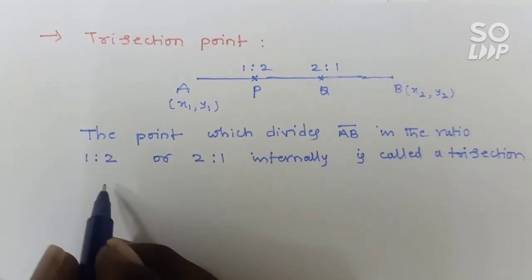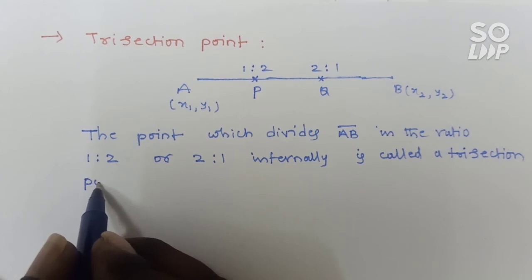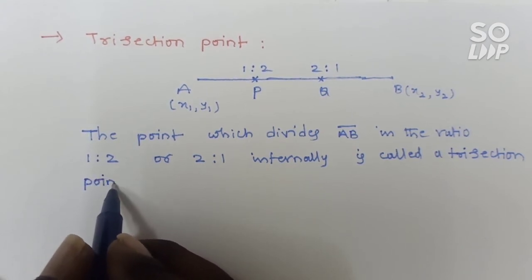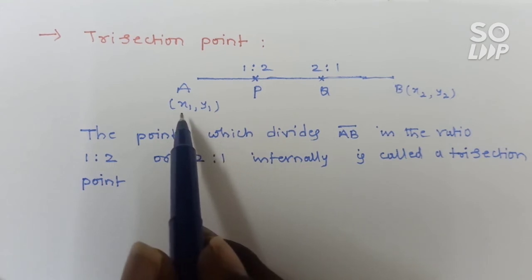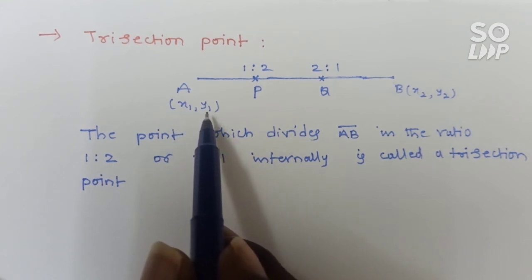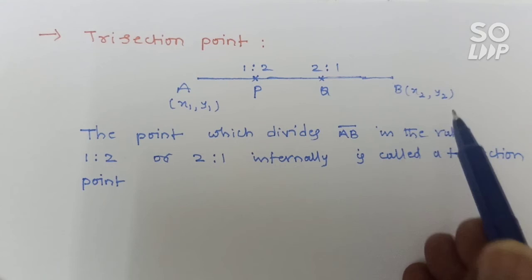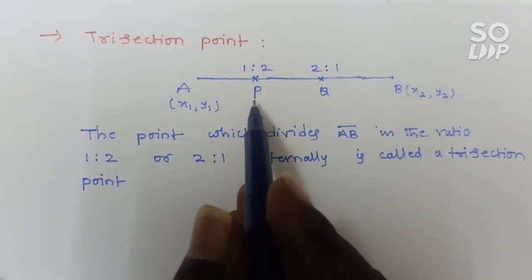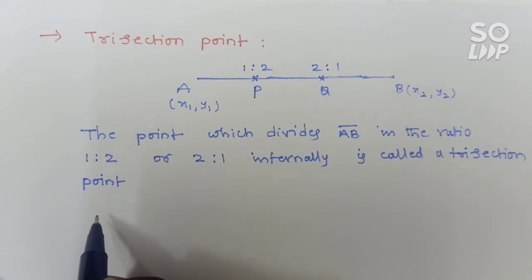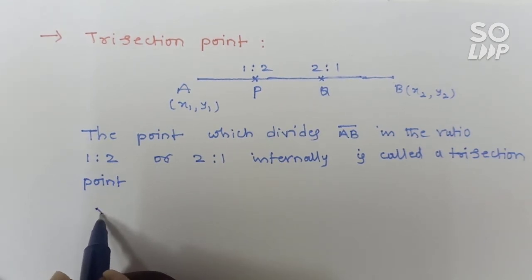Trisection point, right? From the above diagram, I have taken A point coordinates as x1 comma y1 and B point coordinates as x2 comma y2. Then what do you say the trisection points? Here we will write the trisection points of AB.